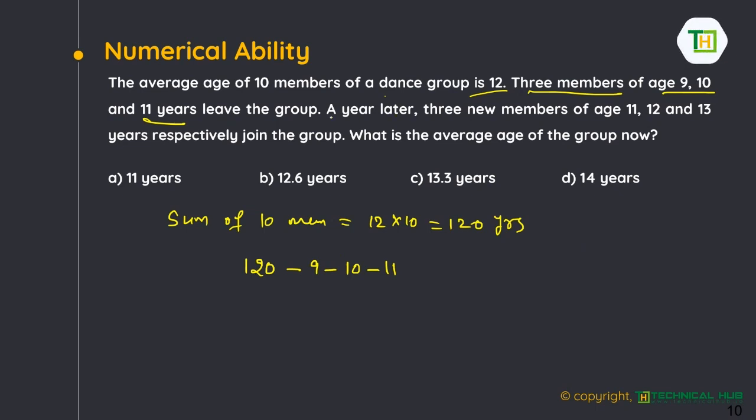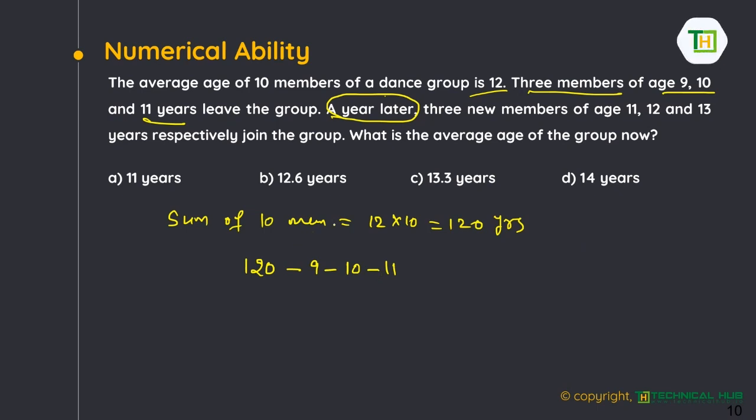And a year later, after 1 year, 3 new members of ages 11, 12, 13 years respectively join the group. Guys, up to after 1 year, 3 members joined. In this 1 year duration, already 3 members left. So at present, only 7 members will be there, right?